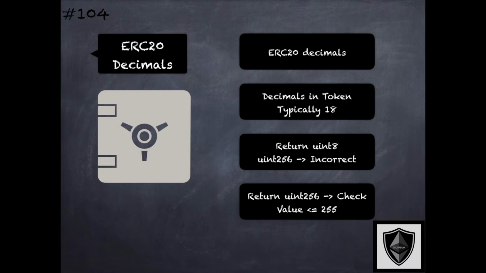And the best practice here is to check which type is being used by the ERC20 contract, and if it is a uint256 type, then have a further check to make sure that the decimal value is less than or equal to 255, because that is the maximum value that can fit within a uint8 as required by the token standard.